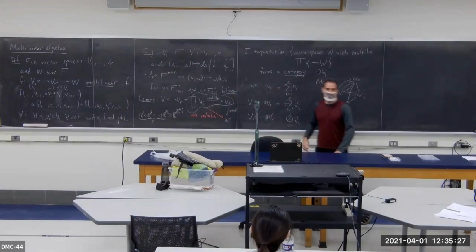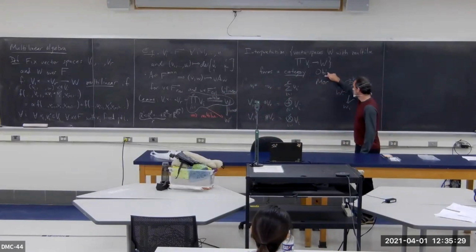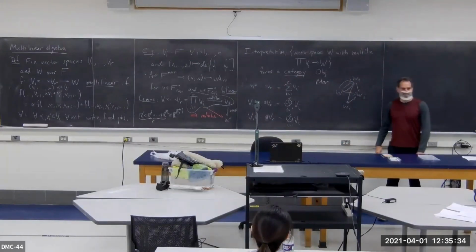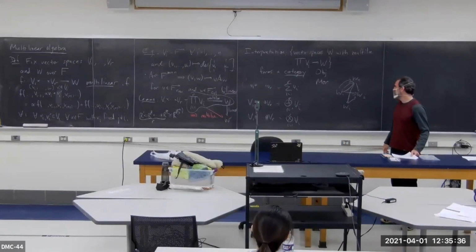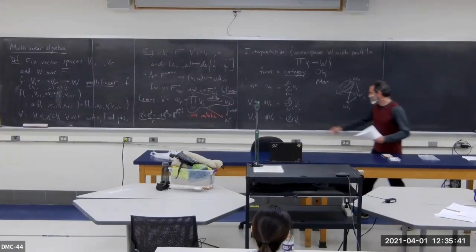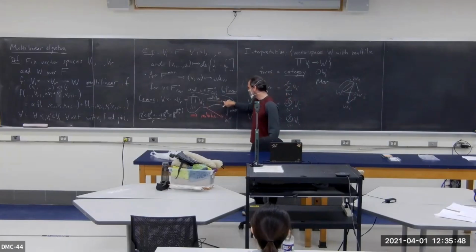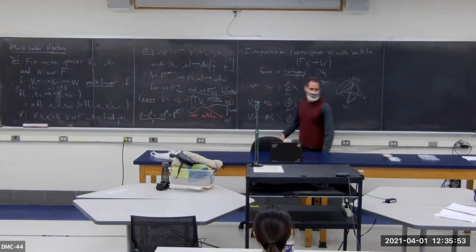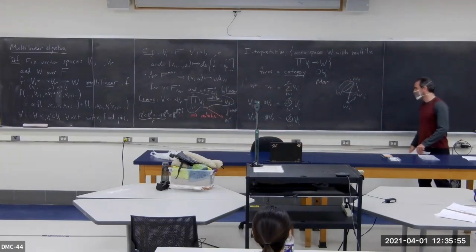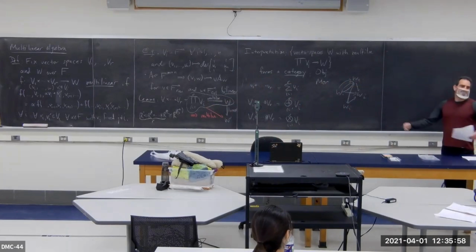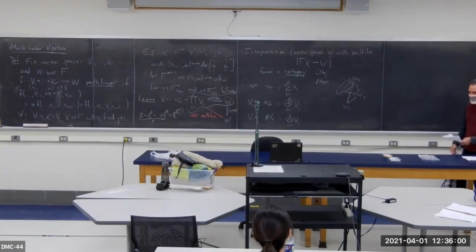The axioms for objects and morphisms are not so bad. They're things like every object has the identity morphism. If I take W prime equal to W and let this thing be the identity map from W to W, then the multilinear map that I have here gives me the same multilinear map that I have there. That's required to be a morphism in the category, that kind of stuff. Associativity of composition and this kind of thing.